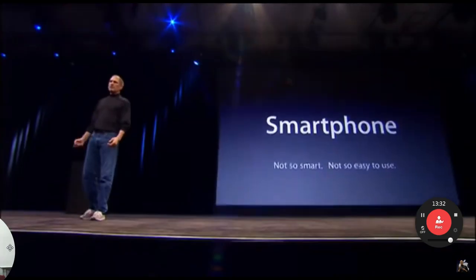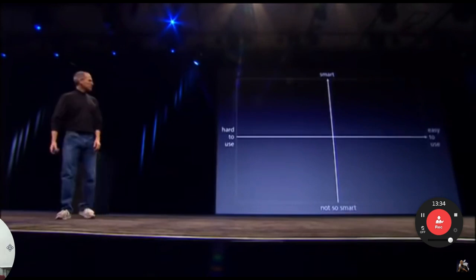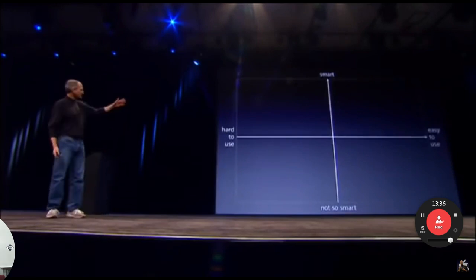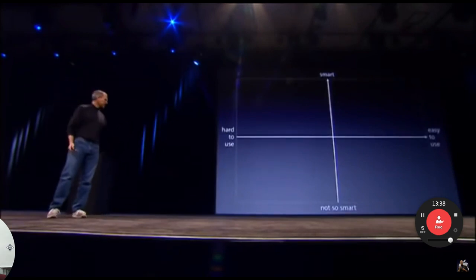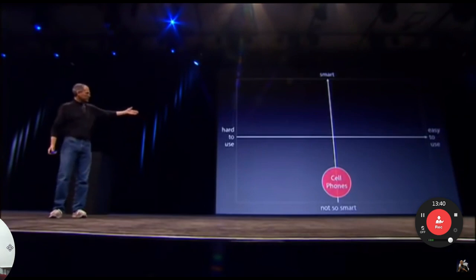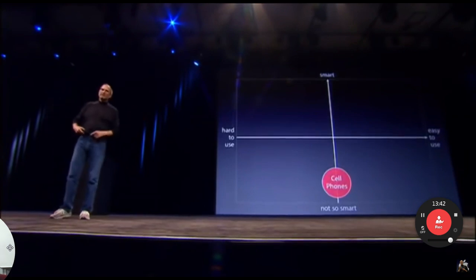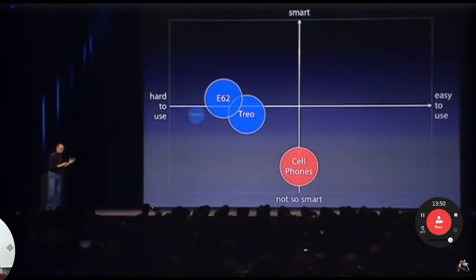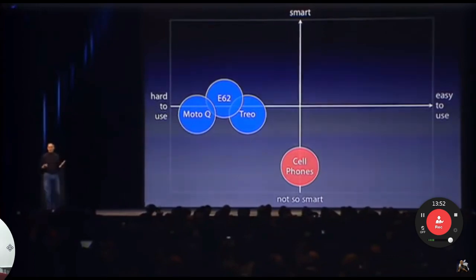The problem is that they're not so smart, and they're not so easy to use. So if you make a Business School 101 graph of the smart axis and the easy to use axis, regular cell phones are right there. They're not so smart, and they're not so easy to use. But smartphones are definitely a little smarter, but they are harder to use. They're really complicated. Just for the basic stuff, people have a hard time figuring out how to do it.